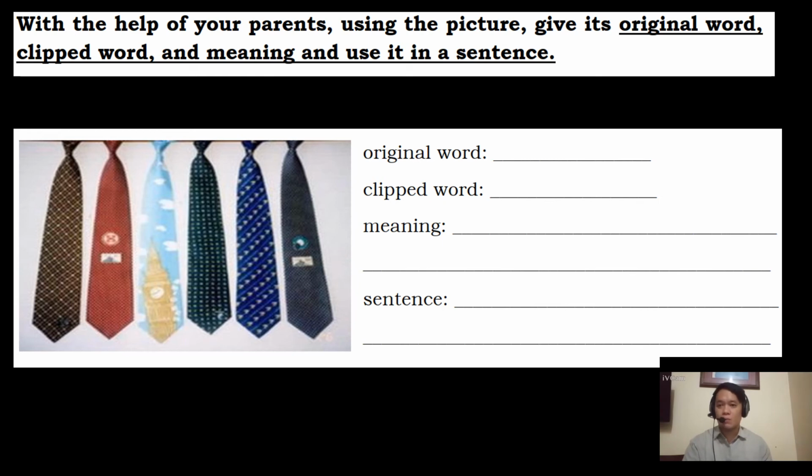Now, kung mahanap nyo ang meaning nito, sulat nyo dyan sa meaning. Now, the last part there is you use it in a sentence. Okay? Mas maganda kung simple sentence lang. Isang subject, isang predicate, or pas kompleto subject, linking verb, yung is, are, pwedeng was, were, pwede na sa inyo, then predicate. Okay?